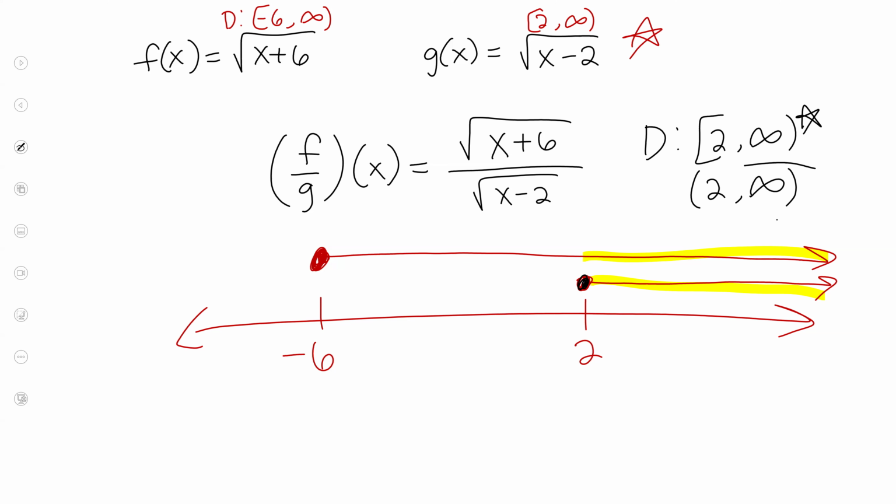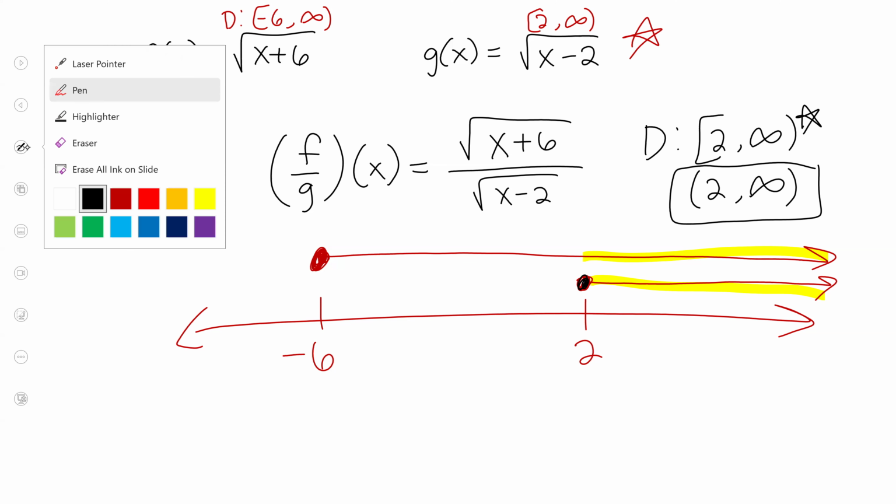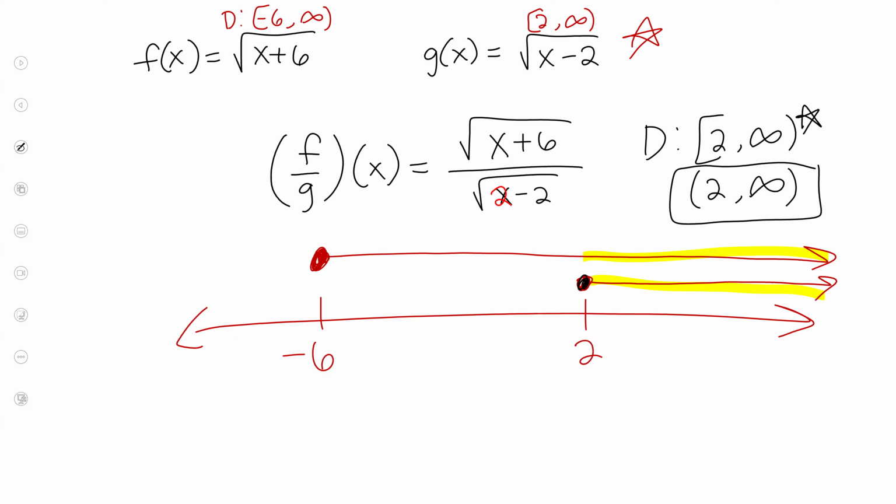Why is this one correct? Exactly. If you put a 2 right here, what's 2 minus 2? Can you have 0 in the denominator? No. So this is not right. You cannot include 2. This is your answer.